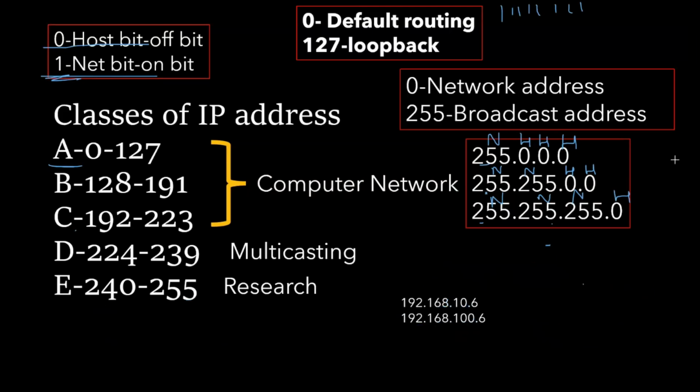For that, firstly I will write on the side network bit and host bit. Right. So can anyone tell me, in class A how many network bits and how many host bits are available?